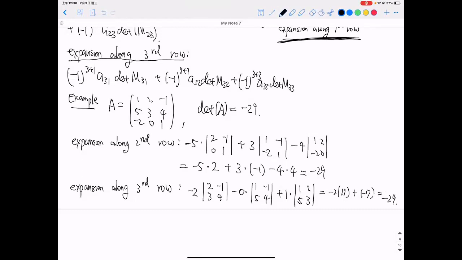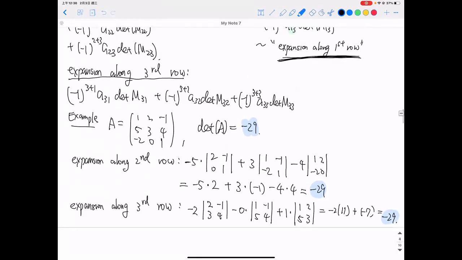Negative 29. And as you can see, all three expansions produce the same answer. And this is not a coincidence. In fact, this is a general phenomenon that we will not prove, that expansion along any row will give you the same answer for any matrix.